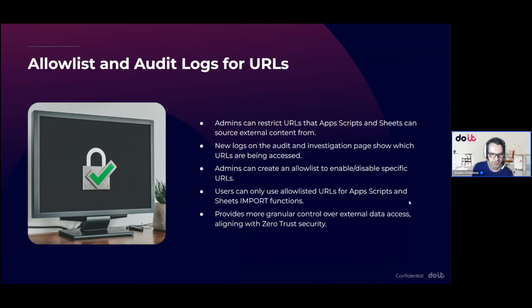On the user side, users will only be able to use the allow-listed URLs for app scripts and for sheet import functions. And this is going to give more granular control over how external data access sources are being aligned with zero trust, just being imported to your various assets inside of Google Workspace.